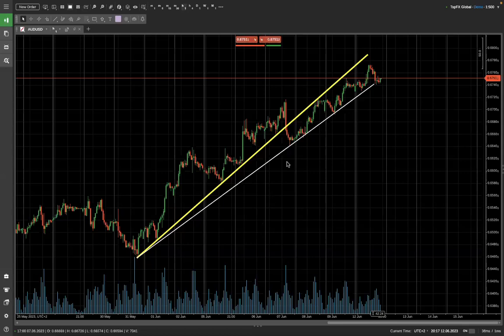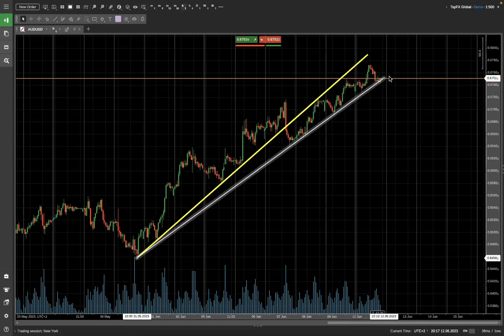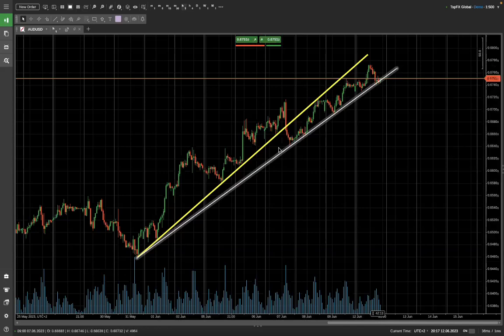Please take a look at how the market behaves, what the market does here. You can see it treats the white line as a support and bounces up. The yellow one is being treated as the resistance, and then it goes down, bounces from the white one, goes up, almost hits the yellow, consolidation, goes higher, then again towards the white one, consolidation, maybe there will be a bounce to the upside again.